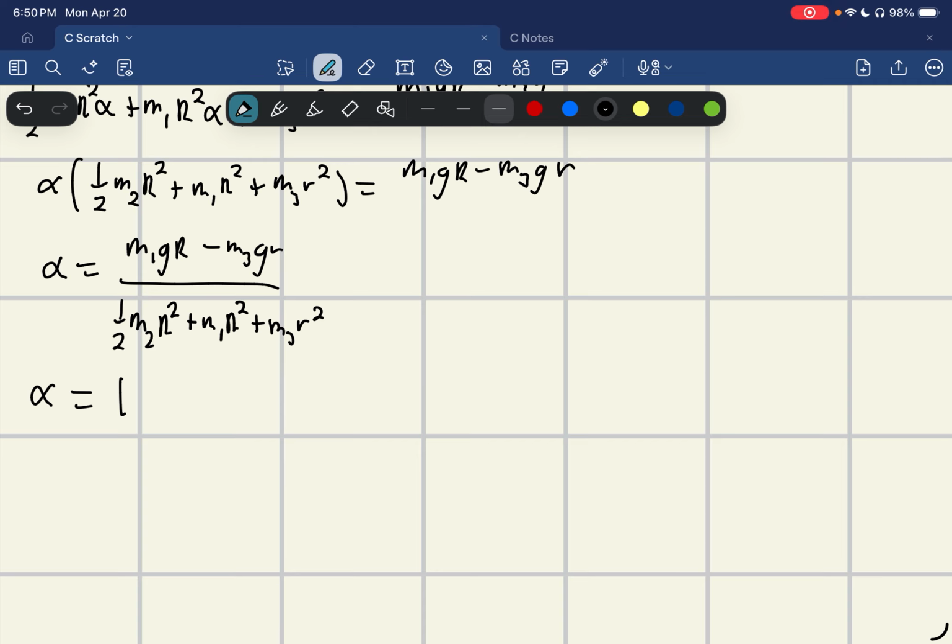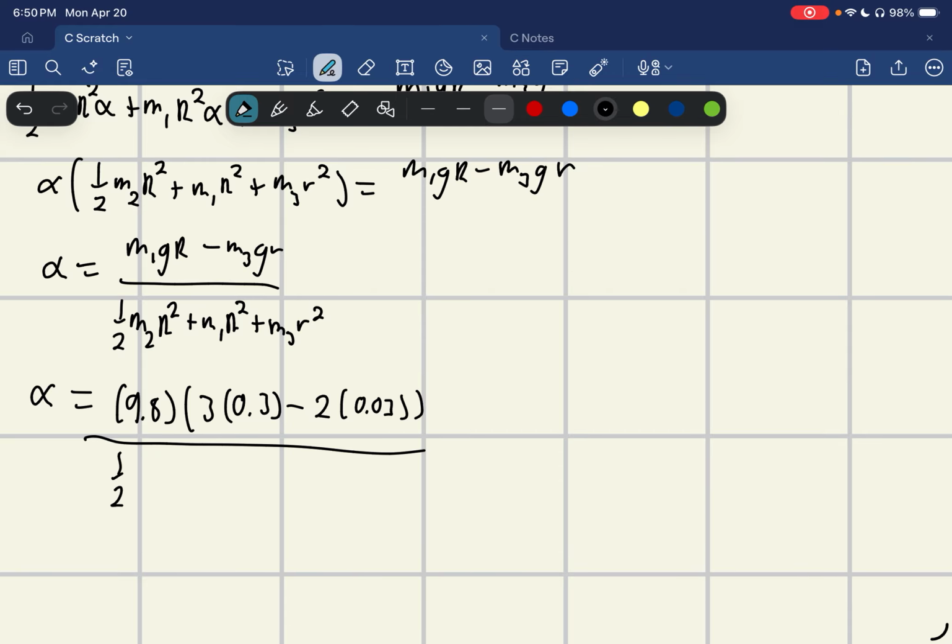So we have, now at the top I'll factor out g because you have it in both terms. So like 1/8 times 3 times 0.3 minus 2 times 0.03 all over 1/2 times 30 times 0.3 squared plus 3 times 0.3 squared plus 2 times 0.03 squared.